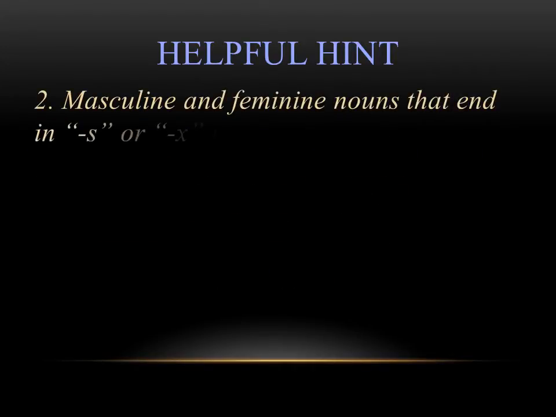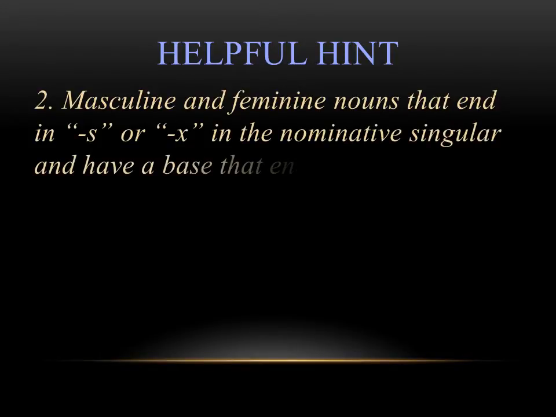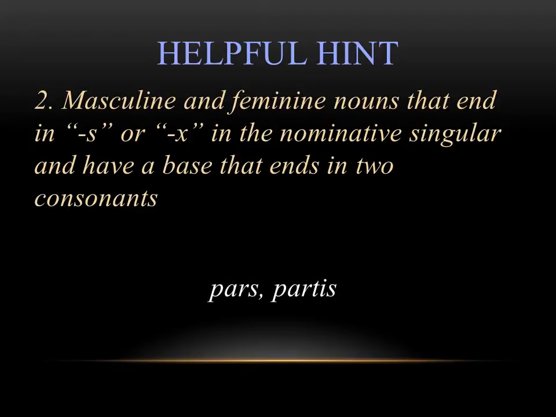The second thing that might help you is that masculine and feminine nouns that end in either s or x, and remember we're talking about third declension nouns here, when they end in either s or x in the nominative singular and also have a base that ends in 2 consonants, these will be I stem too. So what do I mean by that? Well, let's take our other I stem from this chapter, pars partis.